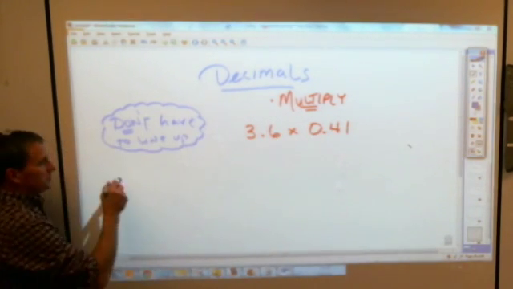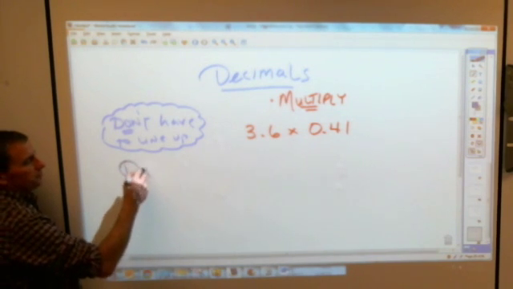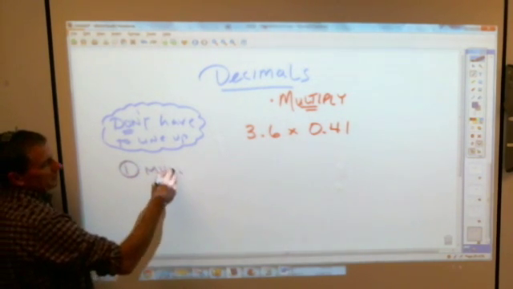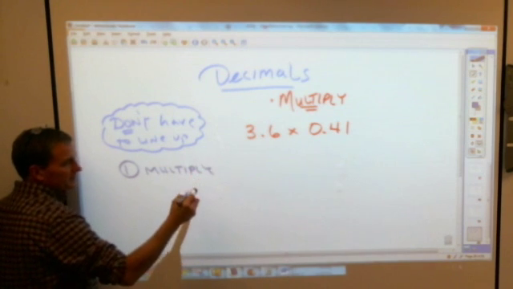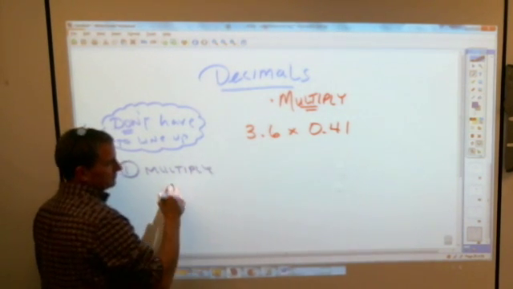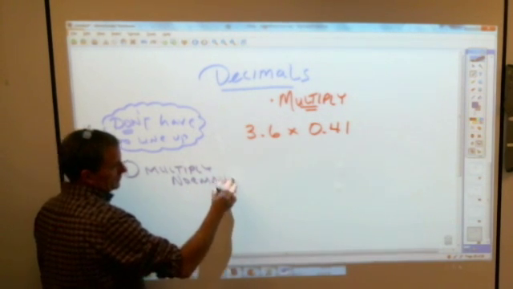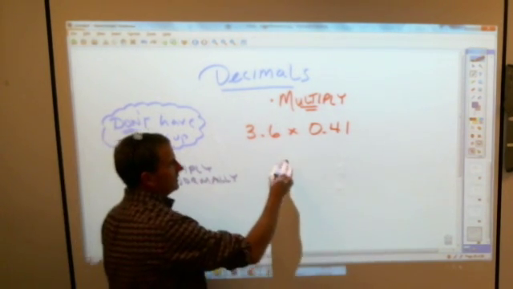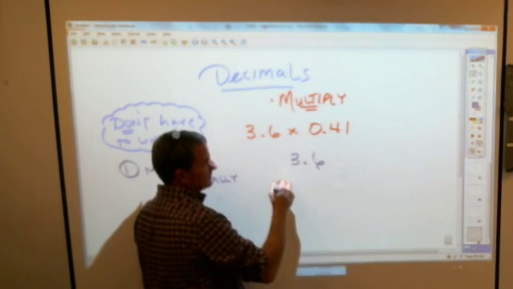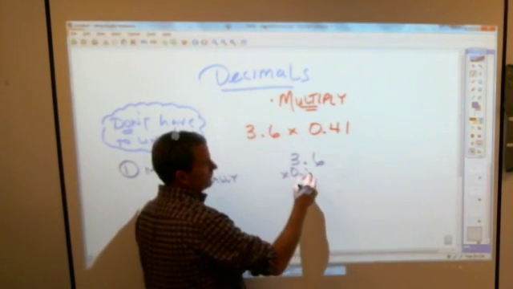Your first step is to multiply like normal. Pretend there's no decimals there at all. Multiply normally. Which means I'm going to write it down, it's 3.6 times 0.41.